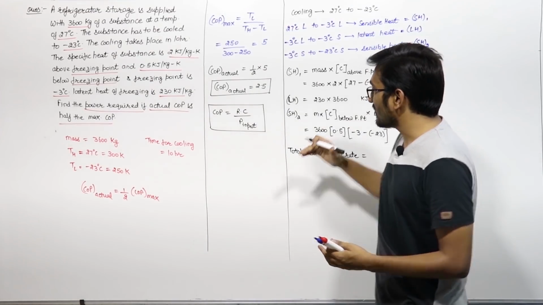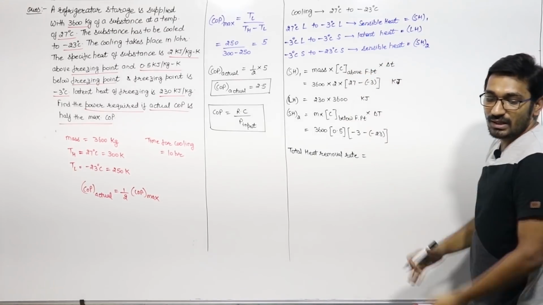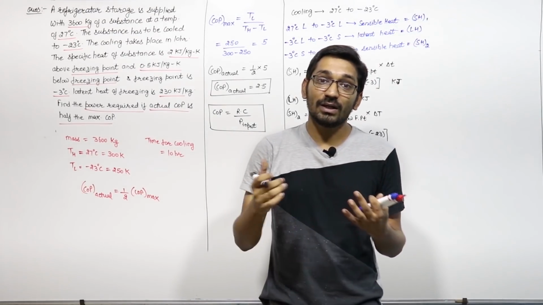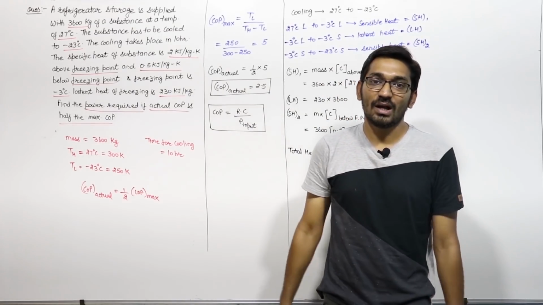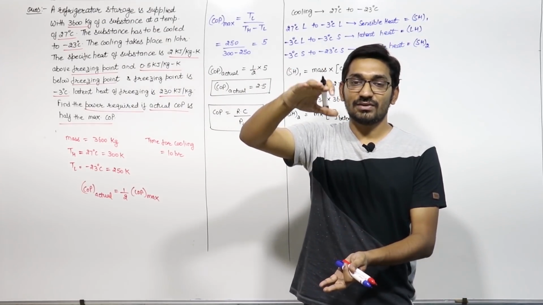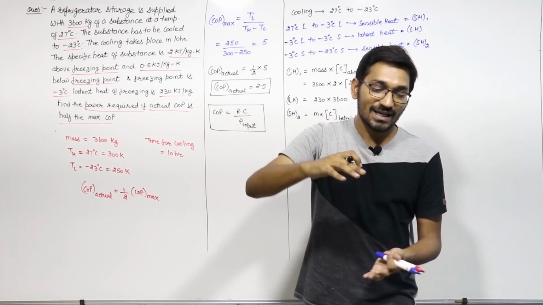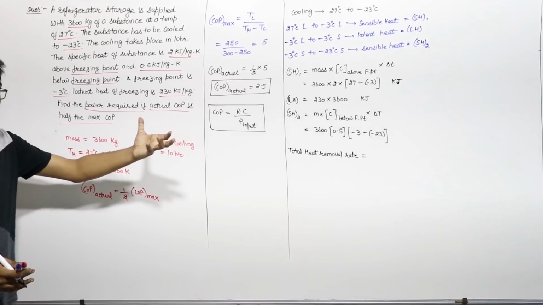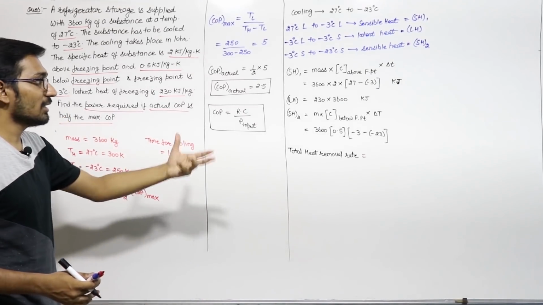This is the refrigeration effect, right? If we want to find out the heat removal rate per unit time, per second: in 10 hours this much amount of heat is required to remove, and in 1 second how much is the heat transfer rate? Because the power unit is in kilowatt, we have to convert it into kilowatt.